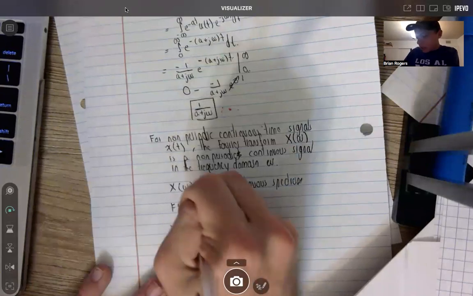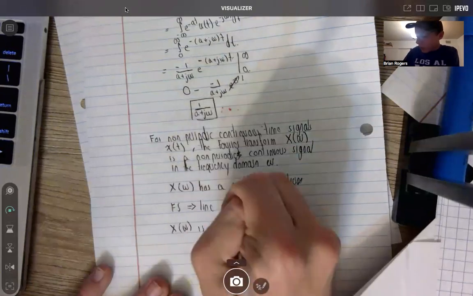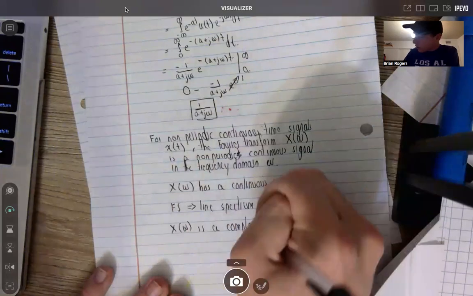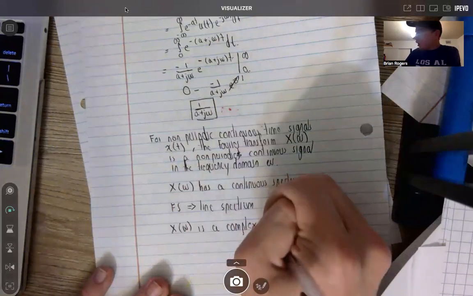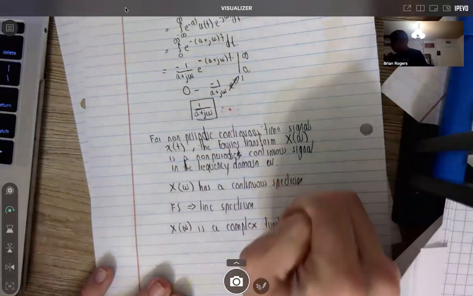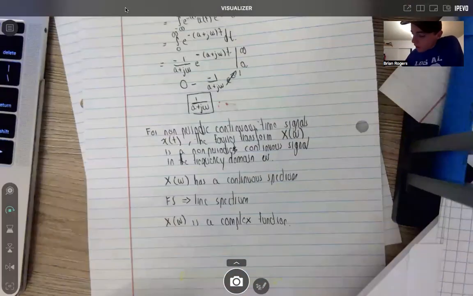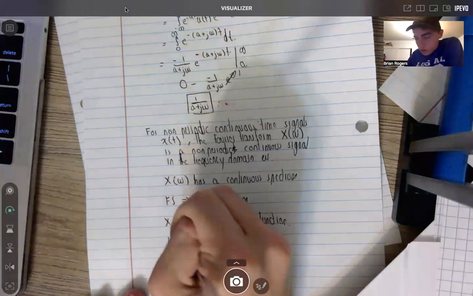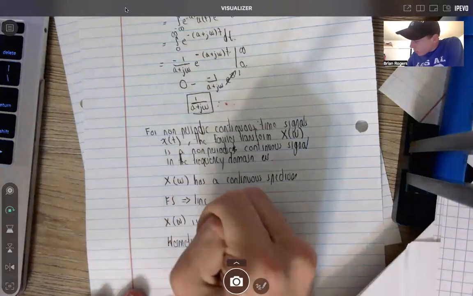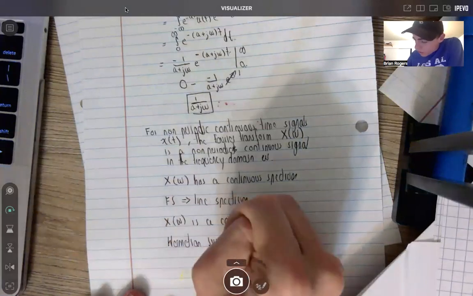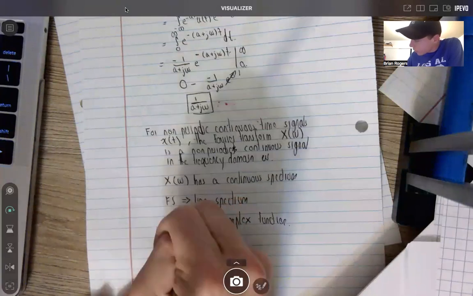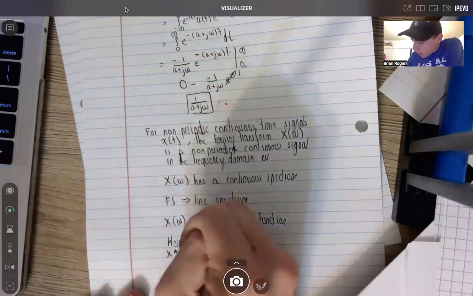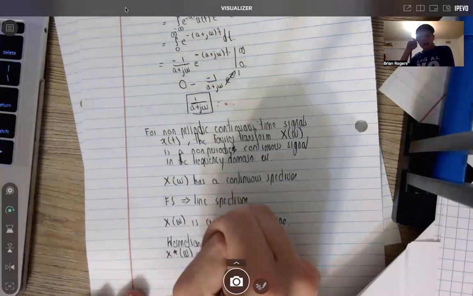And then we're going to notice that X of omega is a complex function, which means it has phase and magnitude. And we'll also notice that it has a Hermitian property, so it has Hermitian symmetry, which tells you that X of negative omega is equal to the conjugate of X of omega.